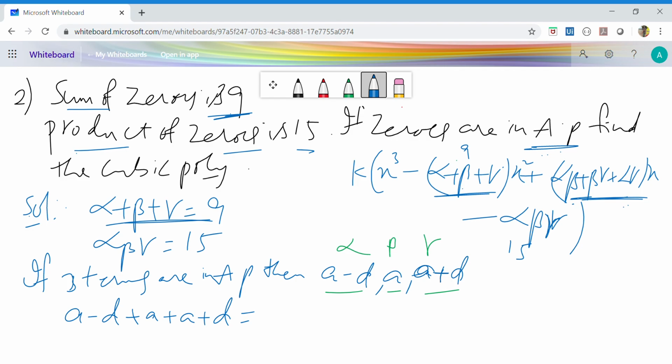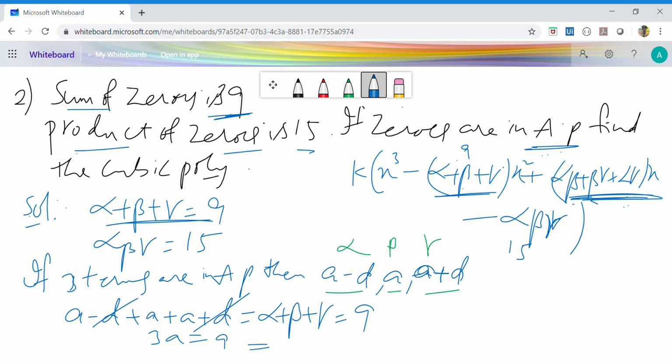For this, the condition that zeros are in AP is required. So we are taking three terms in AP as A minus D, A, A plus D. So alpha plus beta plus gamma is equal to 9. D gets cancelled. 3A is equal to 9, which implies A is equal to 3.